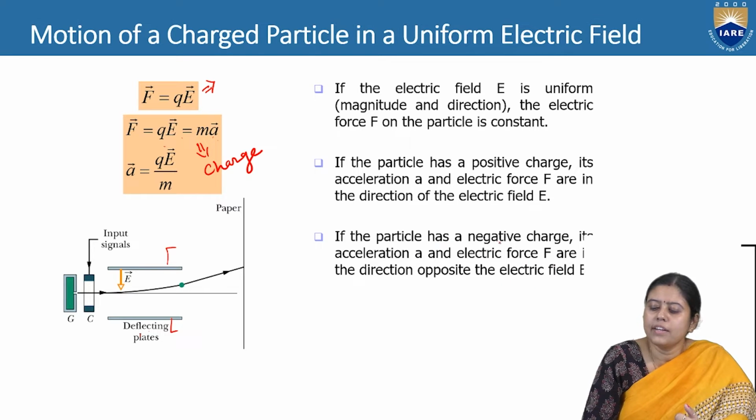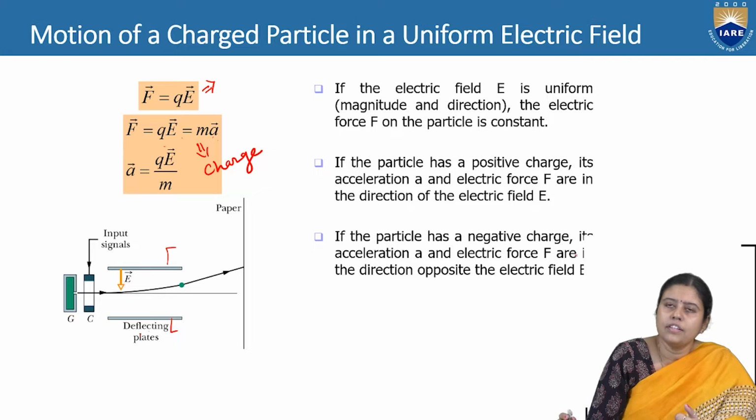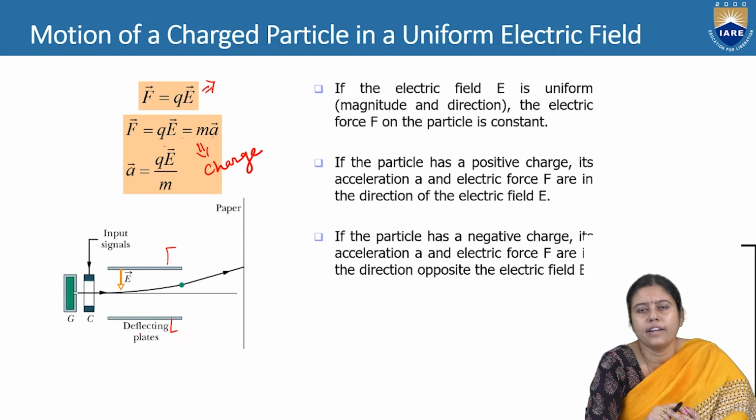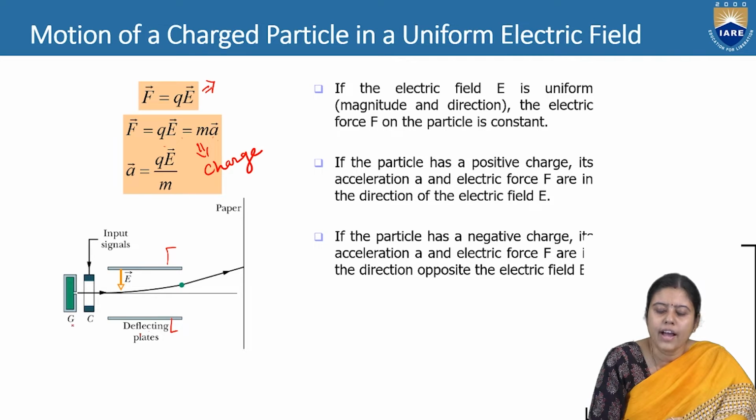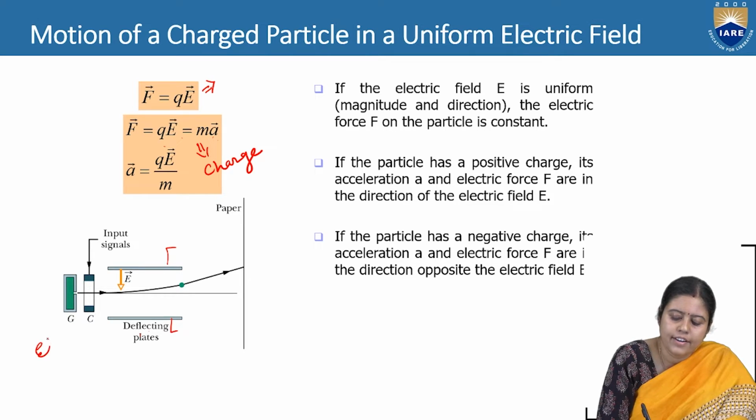If the particle is negatively charged, its acceleration A and force F are in the opposite direction of the electric field. As there is some deflecting field from the gun, this is called the electron gun.